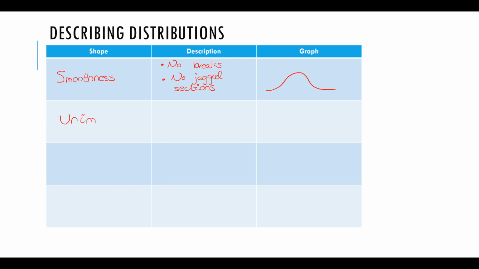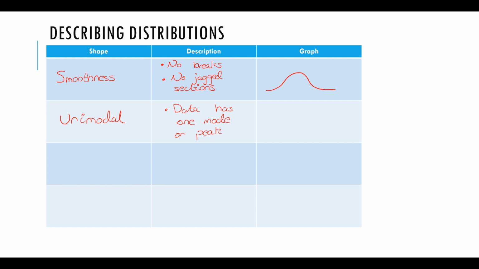So first off, the first option is that the graph is unimodal. So if the data has one mode, or a peak when we look at the graph is how we could think about it, we describe the shape of the distribution as unimodal.